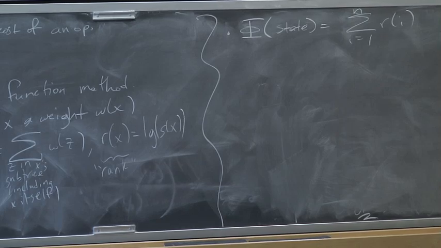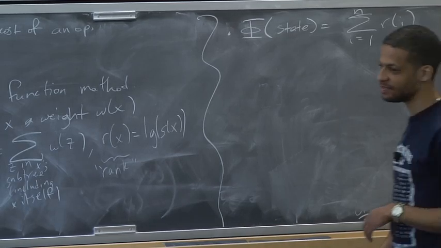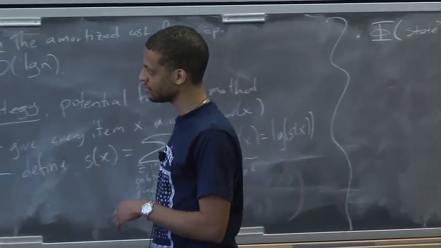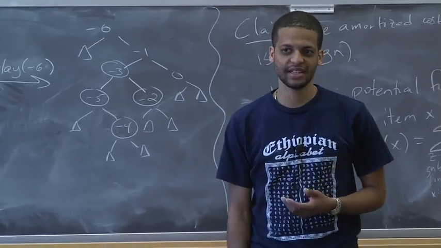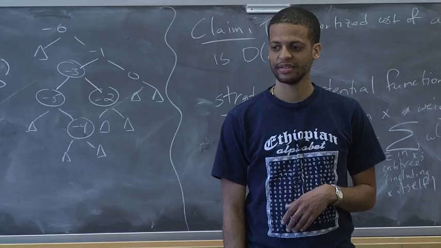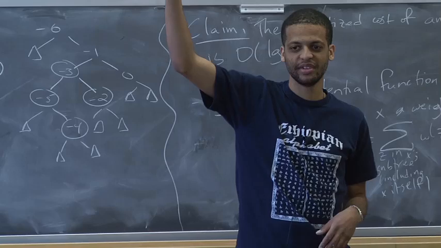So what we want to do now is bound. First of all, let's look at find, right? So the cost of find is basically the cost of the splay operation, right? Because we walk down and then we splay back up.